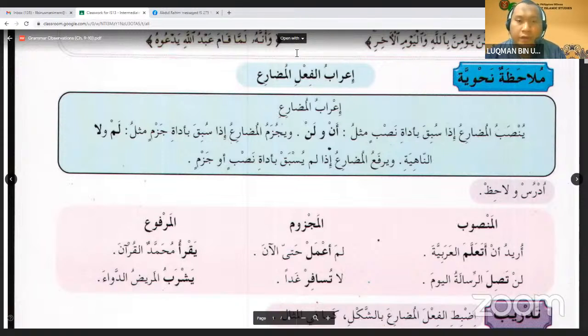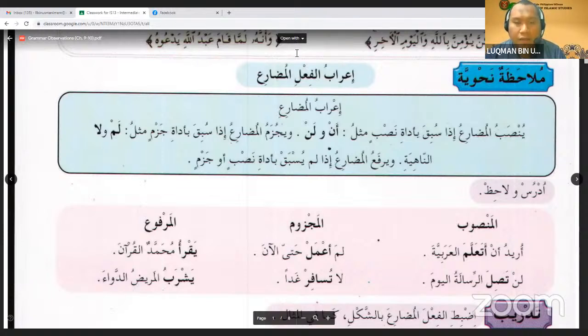Then the verb in Arabic language has 3 tenses. That's fi'al madi, past tense, then fi'al mudari', imperfect tense, and then fi'al amr, that's imperative tense.